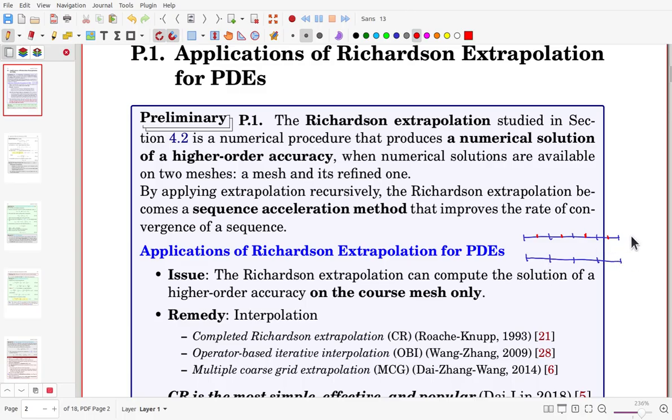The Richardson extrapolation solution is of higher quality, but the available points are on the coarse mesh. So to get the whole values, we need an interpolation algorithm.